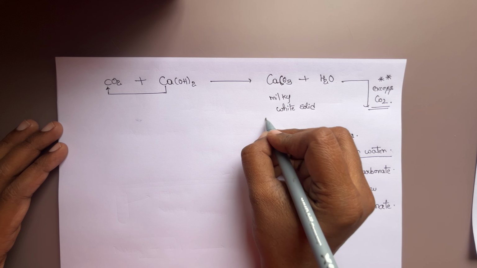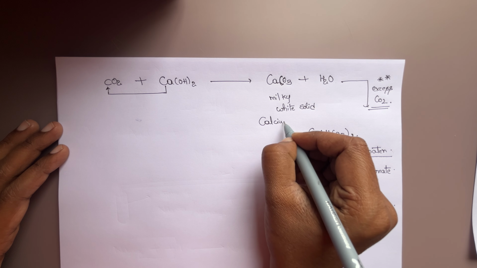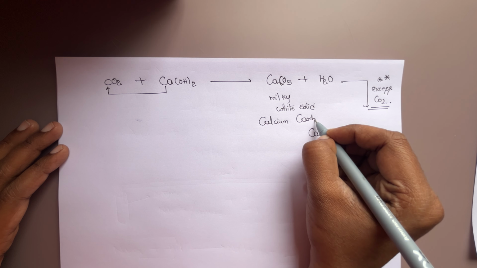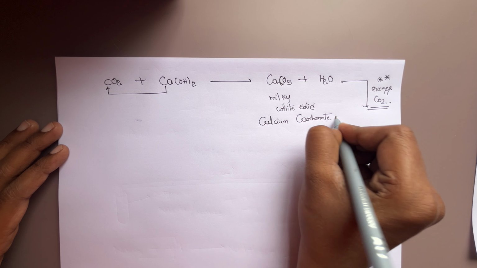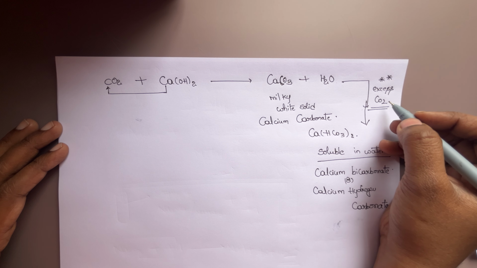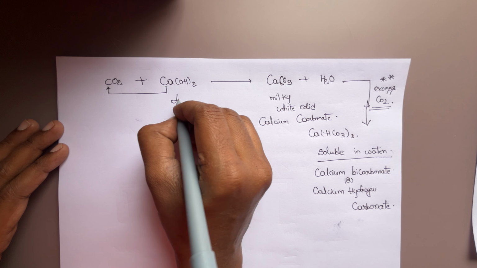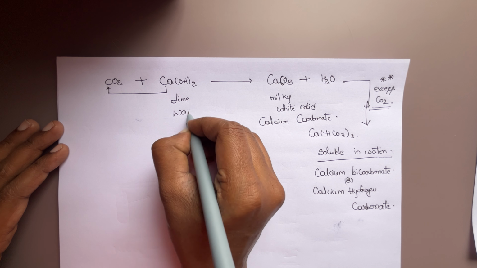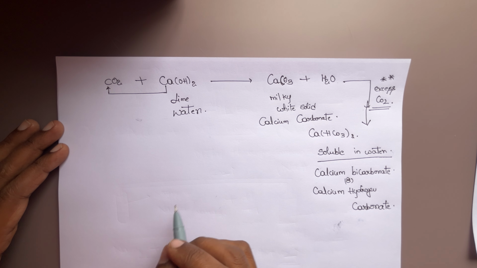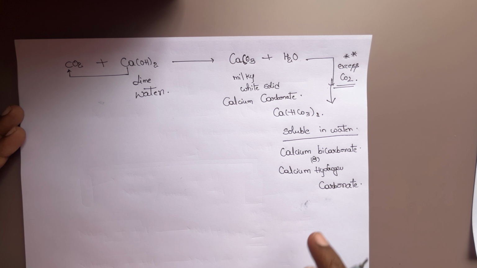This is calcium carbonate, the formula of the milky white solid. This is calcium bicarbonate, if excess carbon dioxide keeps being sent into the lime water. Lime water's formula is calcium hydroxide. Then a soluble calcium bicarbonate is formed. So this is about this.